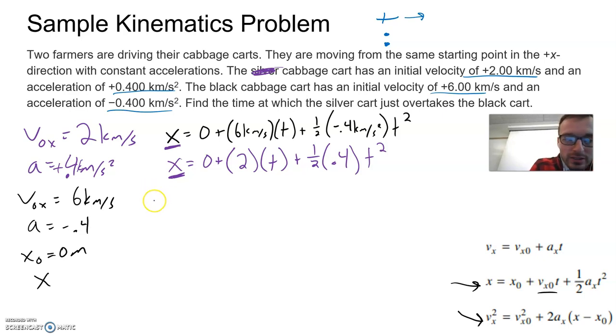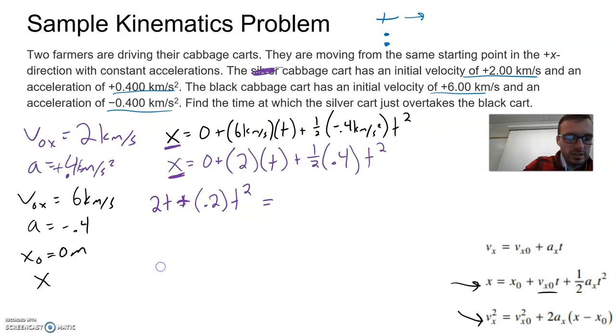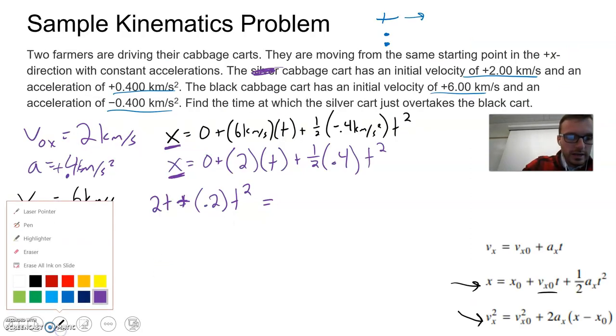What that allows me to do is to say 2t plus 1/2 of 0.4, which is 0.2, t squared, equals, and I can set these two expressions equal to each other. That's a really nifty strategy.